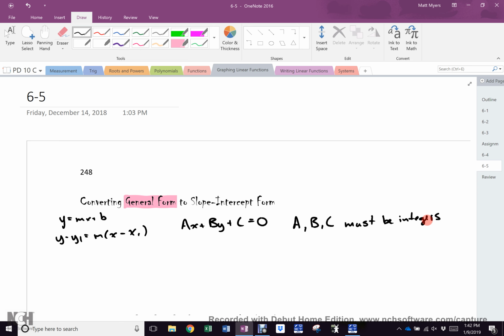But they can be positive or negative. Except A. A must be natural, which means it has to be 1, 2, 3, 4, 5, 6, or whatever. Oh, wait. Natural's the wrong one. Sorry. Must be whole, because it can be 0.